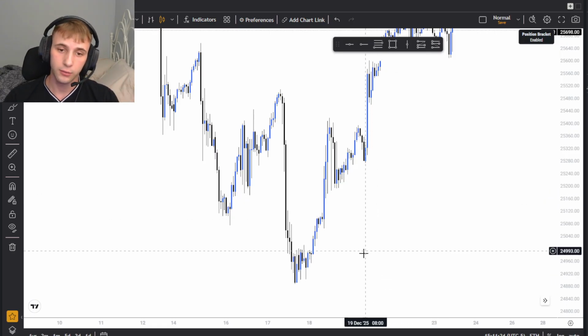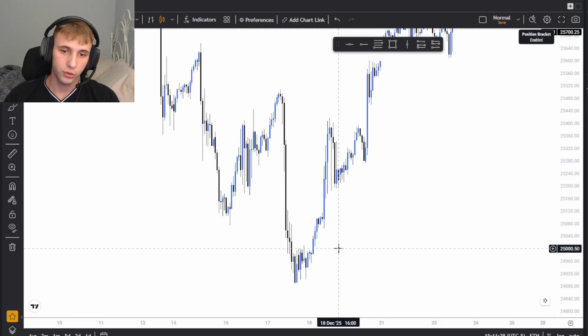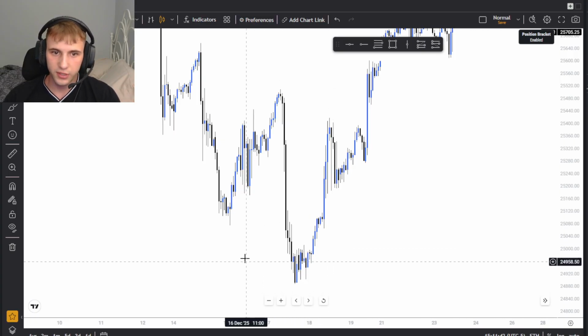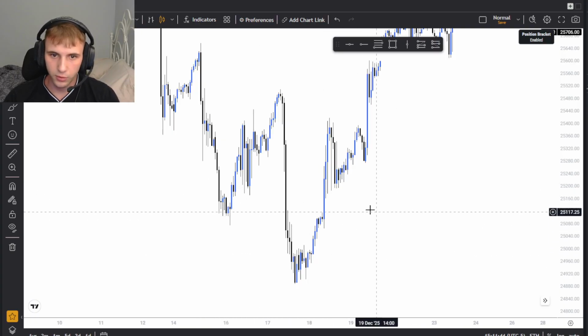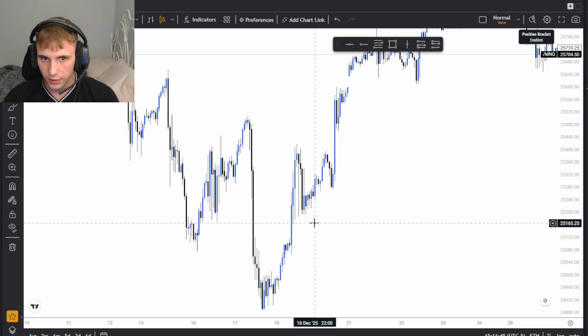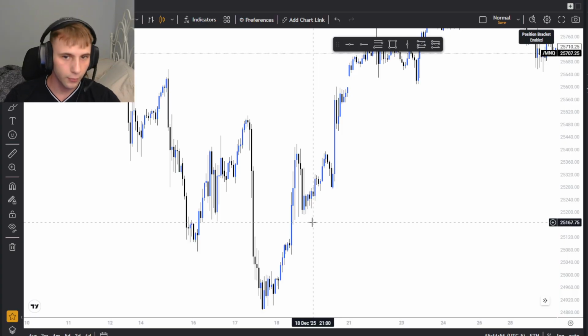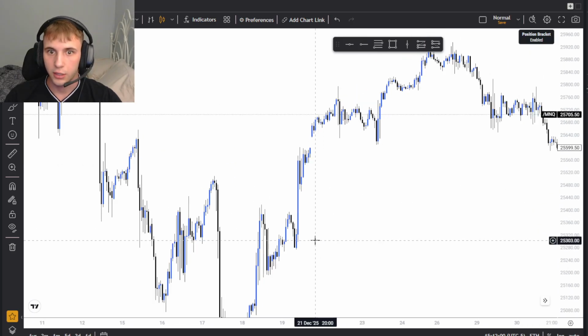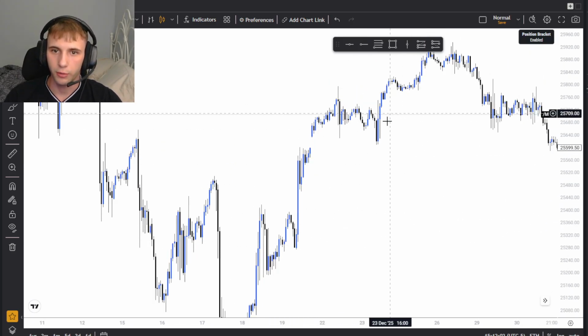Here's the other kicker. We can actually use that to our advantage. If price ends up reversing off of a liquidity, that means there's a very good reason for that. These big institutions with lots of tools and lots of smart people at their disposal have already predicted, hey, we are most likely going to go up in price.